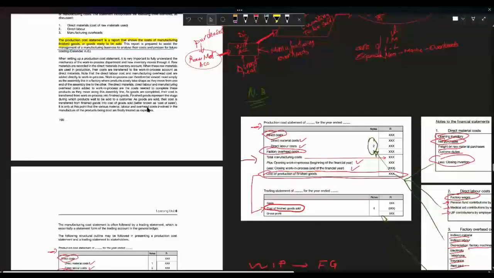The cost of finished goods sold will provide us with the gross profit. So that's the whole statement: sales minus cost of finished goods sold gives you the gross profit.